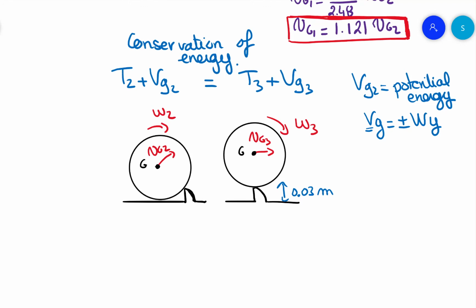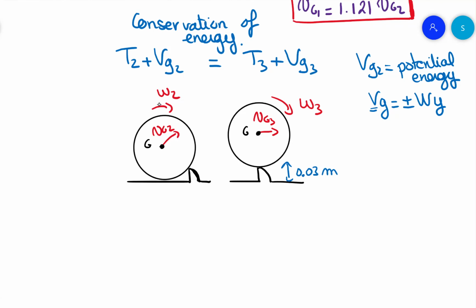So for the kinetic energy, for T2, we have 1/2 of m Vg2 squared plus 1/2 of Ig omega 2 squared, right? How much is that? Let's find that.